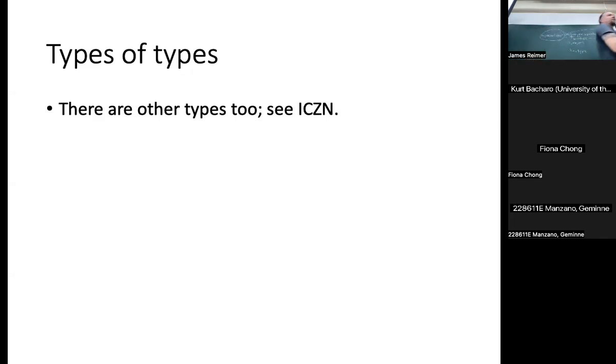Sounds like a robot or something, nomenclator. But this is a list of all the species or all the genera or all the families in a group you're working on, and it has all the history, just like Stefan was saying. Putting together a nomenclator is a very taxonomic piece of work, but it provides information for people who are interested in taxonomy.